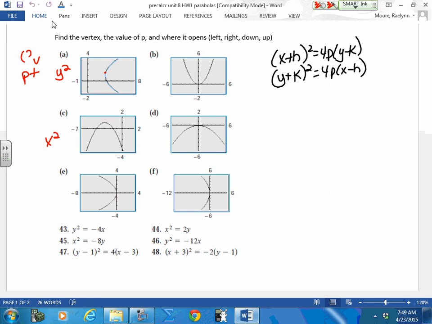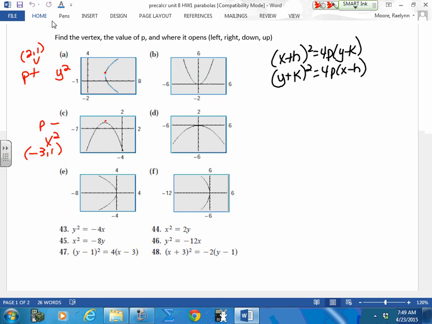Is P positive or negative in this one? Negative, because it's turning down, right? What's that vertex look like? Negative 3, like negative 3, 1? Close enough?